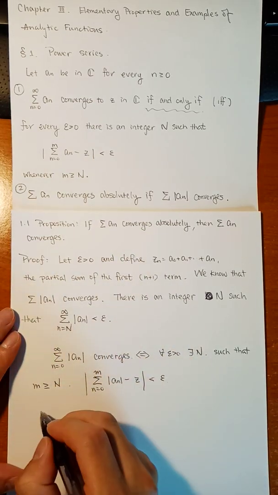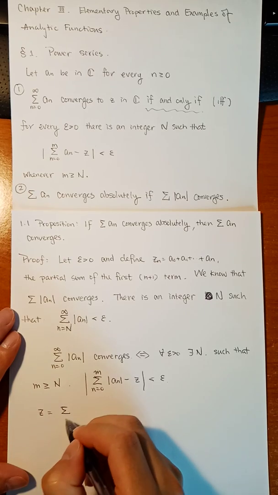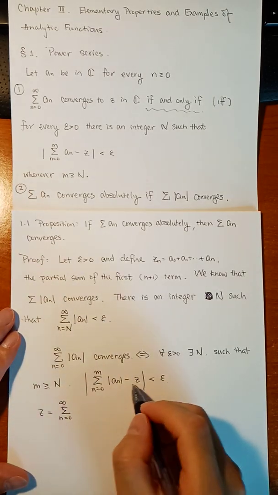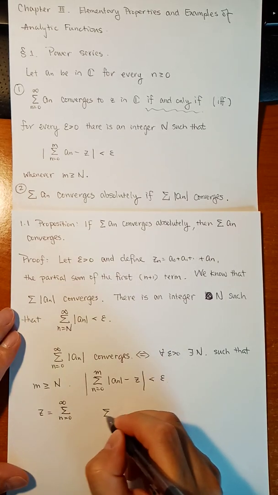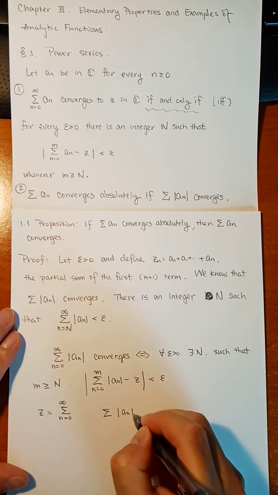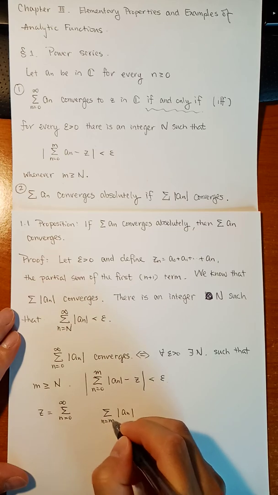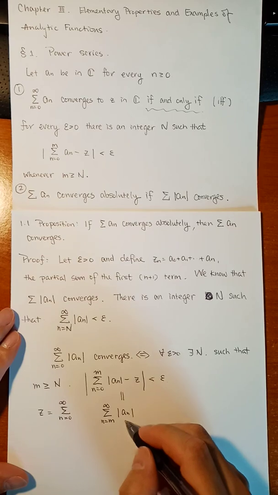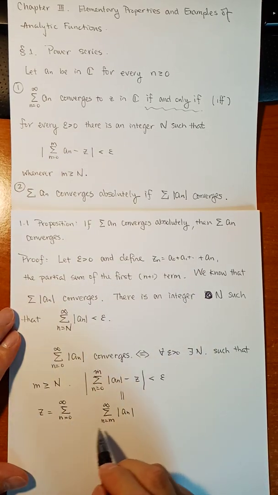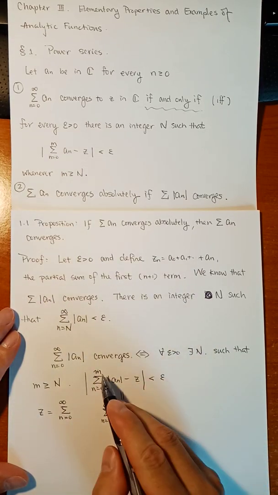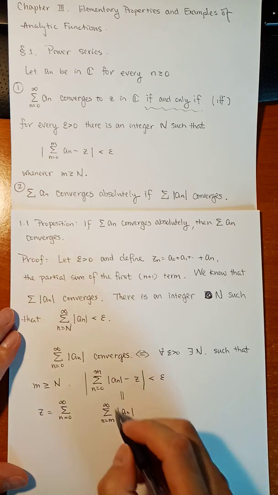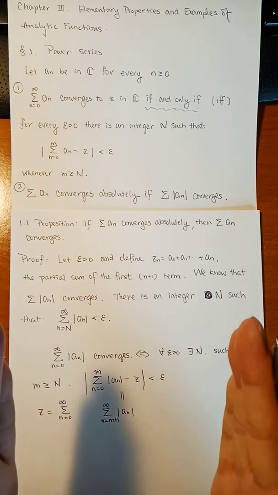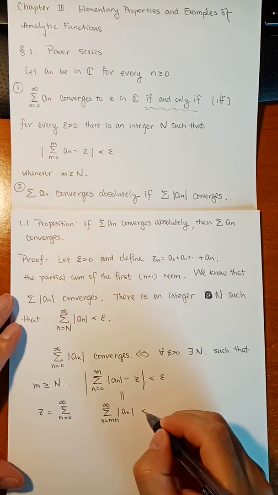You see, this z will be written as the sum from 0 to infinity. Then this difference will be the sigma of an from n equals m to infinity. There might be a shift, this is m plus 1. So you just cut the tail. The tail will be less than epsilon.